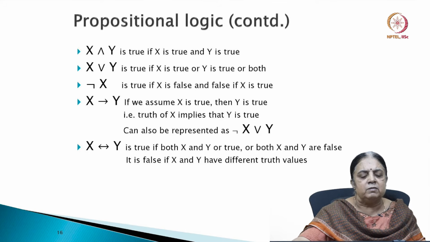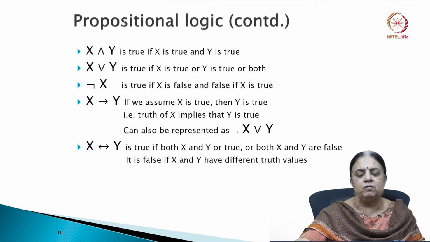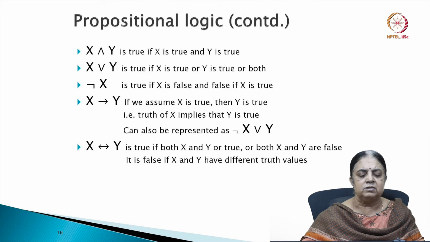And you have X double implication Y, which is true if both X and Y are true or both are false. But if they have different truth values, then X double implication Y will be false.